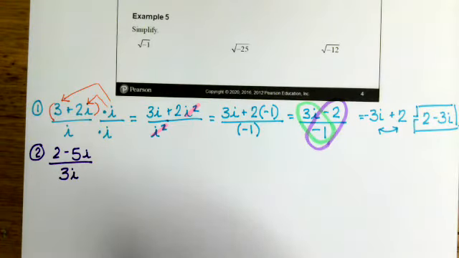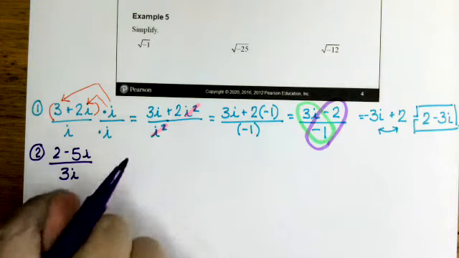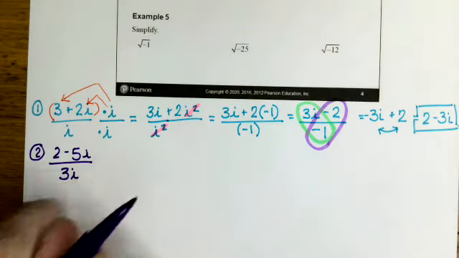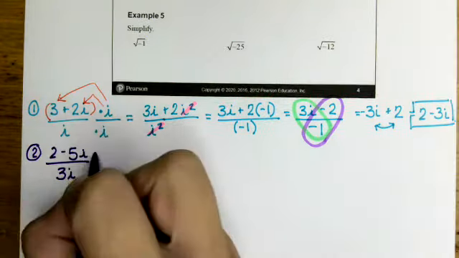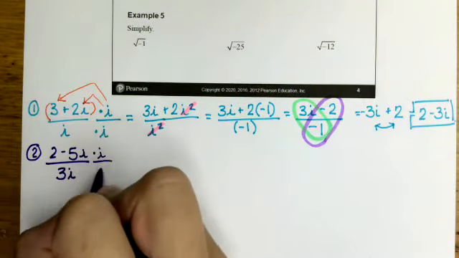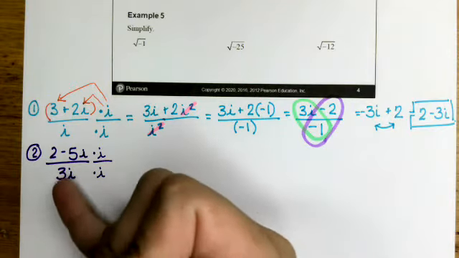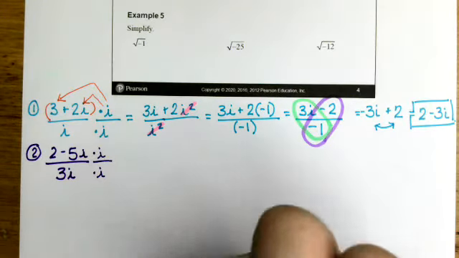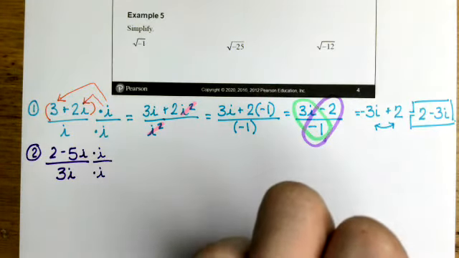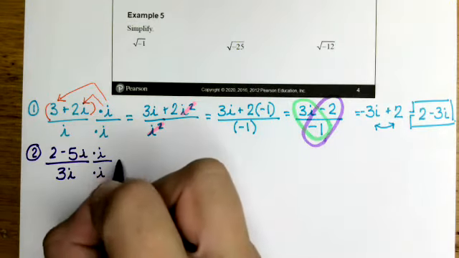Do I need to multiply it by 3i or just by i? There's nothing wrong with the 3. The only problem is I can't have an i. So I'm only going to multiply it by i. Okay? i is the only part I need out of the denominator. The 3 can stay.